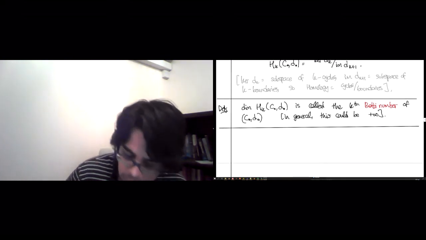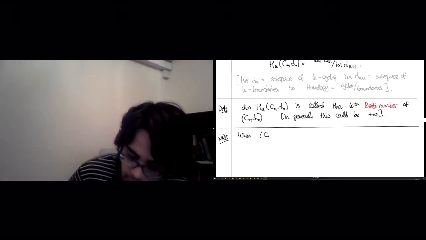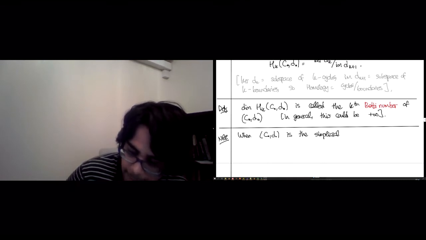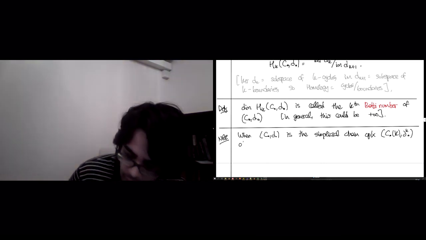So note, when the chain complex that we started with is the simplicial chain complex, how had we written it? C• of K, with boundary maps partial k, of a simplicial complex.